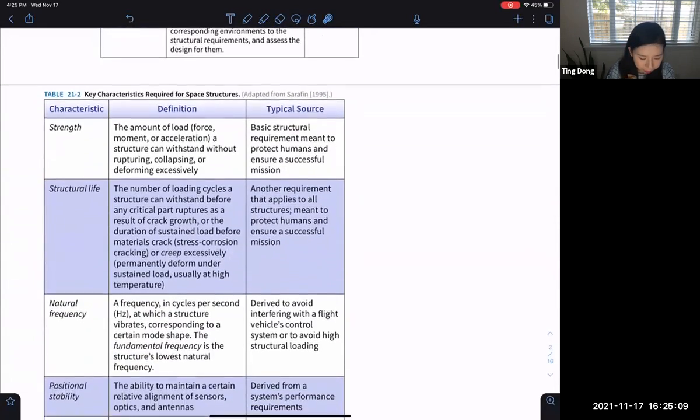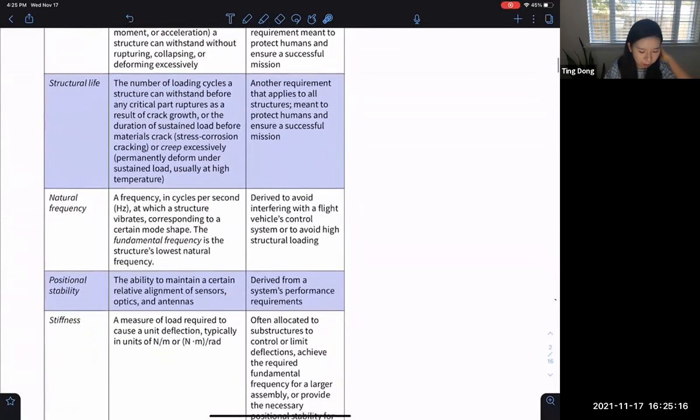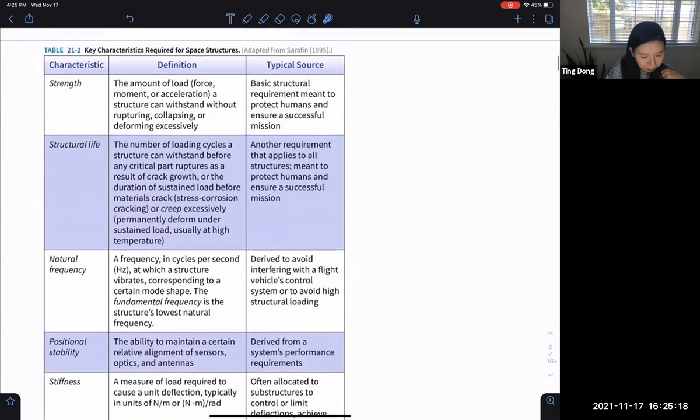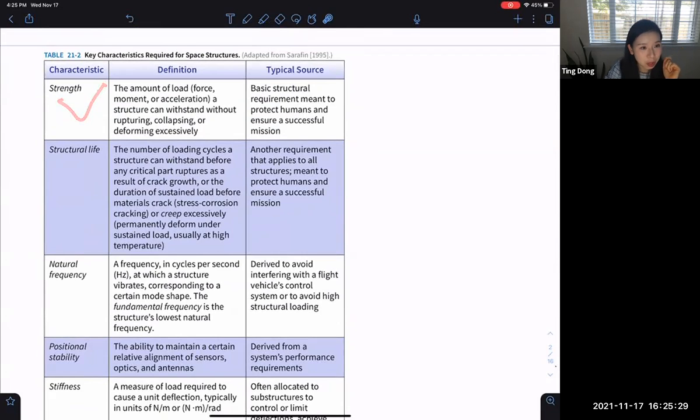Now let's see some characteristics required for space structures. For a complete structure analysis, all of these are very important. First, strength.